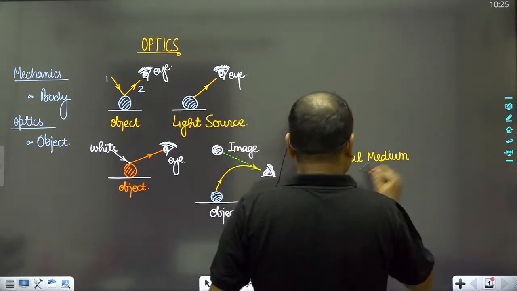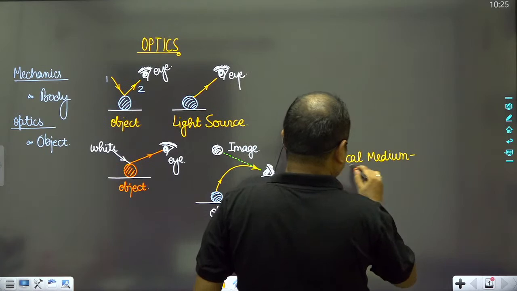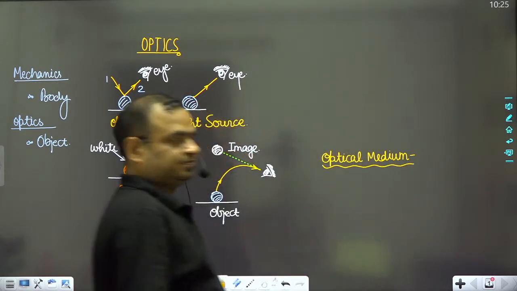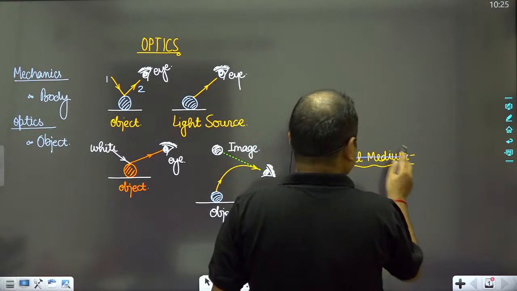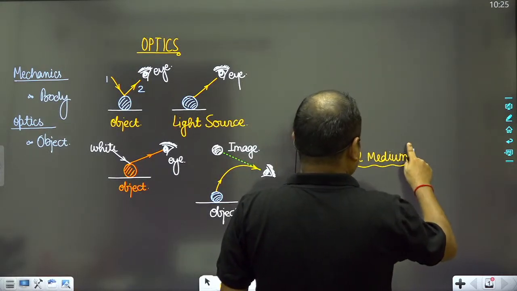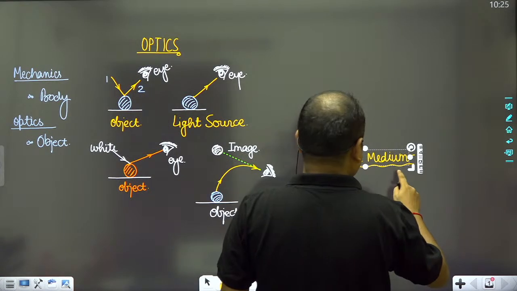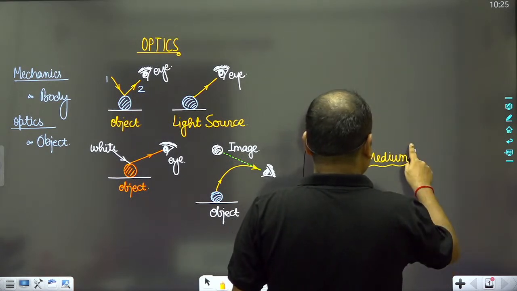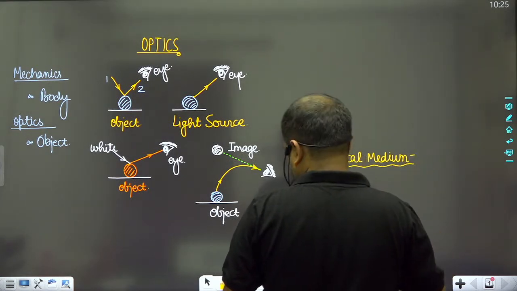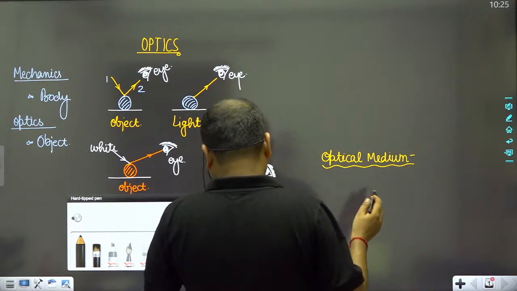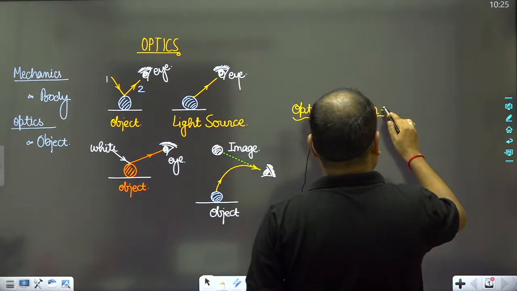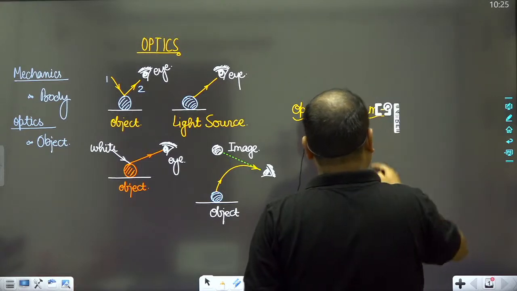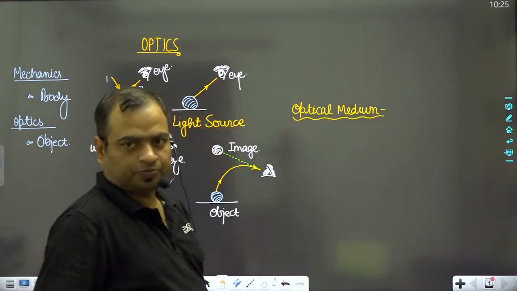Optical medium means those materials in which light rays can travel. Such kinds of materials are known as optical medium.